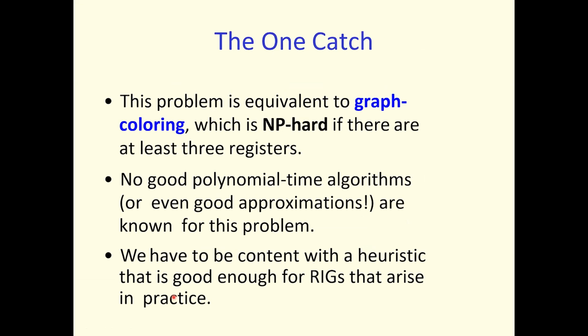This problem is the same as what is called graph coloring. It's a very well-known problem in mathematics and computer science, and it's NP-hard. I hope you all know. If you are not aware of NP-hard, you don't have to worry about it. It does not have an efficient solution.